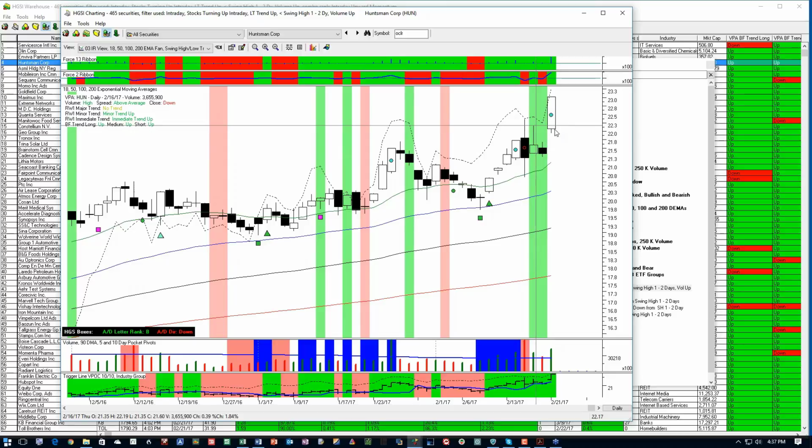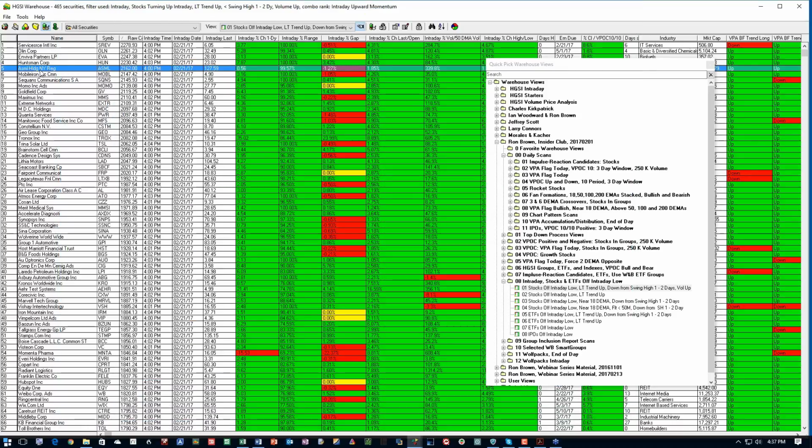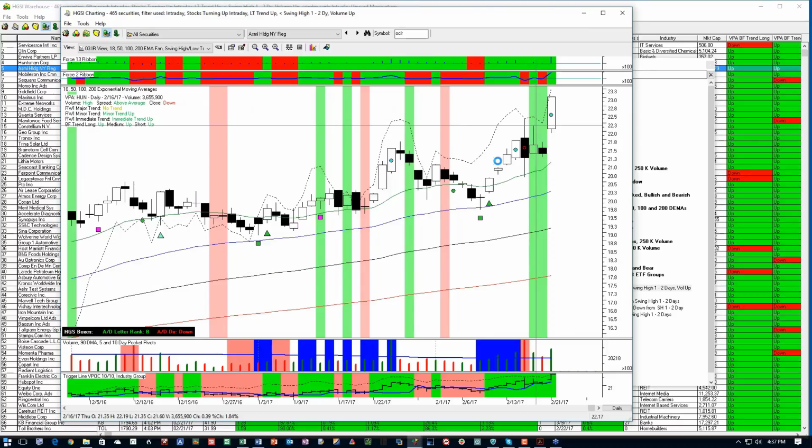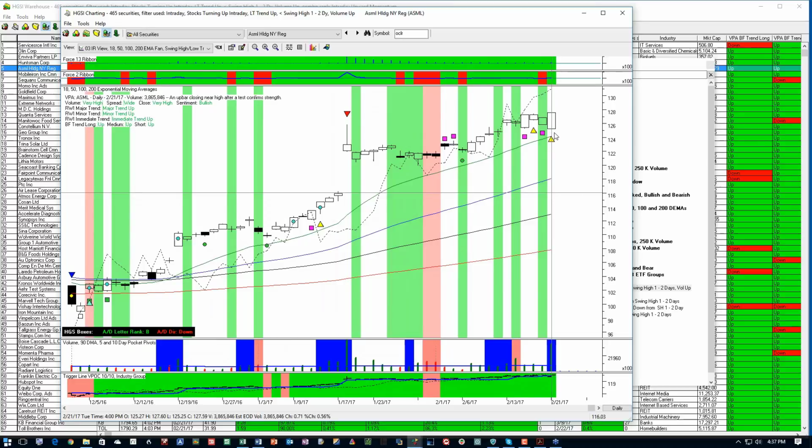And this is a stock that would have shown up at the end of the day yesterday on the pullback screen, the first one I showed you, which is my favorite. Okay, so we're looking, this finds stocks that have the characteristics of a short-term contraction, which you can locate intraday.